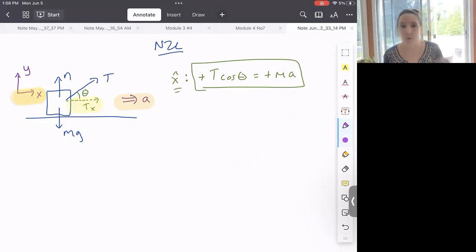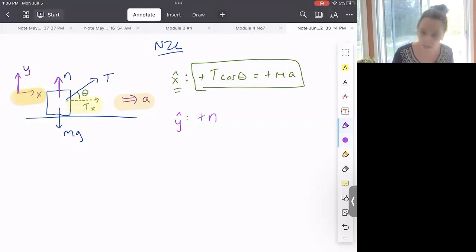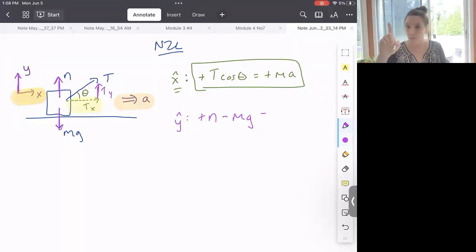Let's go ahead and see what it would look like in the Y direction. Again, we keep our sum of forces and the MA, that whole step, separate. X and Y separate, never combined. In the Y direction, I have my normal force, which is up. I've called positive Y up. So I say positive N, and then I have mg down, which is what I've called negative. So minus mg, and then if I look here, oops, I almost forgot one. Here we can see that I also have a component of my tension that is up in the Y direction.